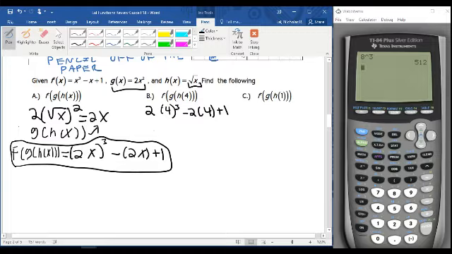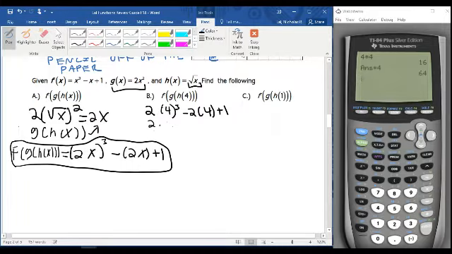Only the x is in parentheses. So 4 cubed times 2. 4 cubed is 4 times 4, which is 16, times 4, which is 64. So 4 cubed is 64, times 2, which is going to be 128.